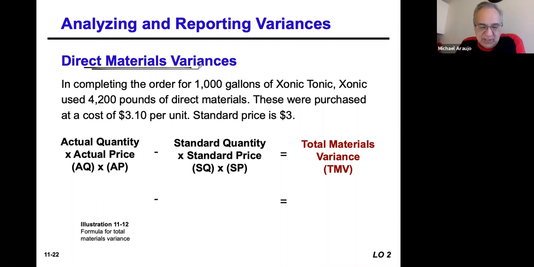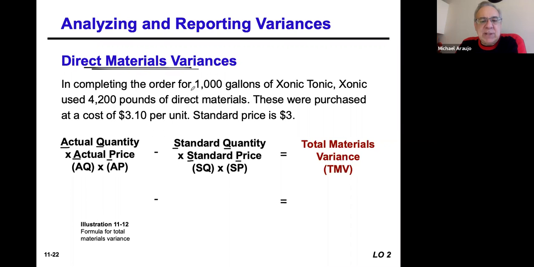What was different with direct materials? We're going to look at the actual quantity, AQ, and the actual price, AP, and compare it with the standard quantity, SQ, times the standard price, SP. That's going to give us our variance, TMV, total materials variance.